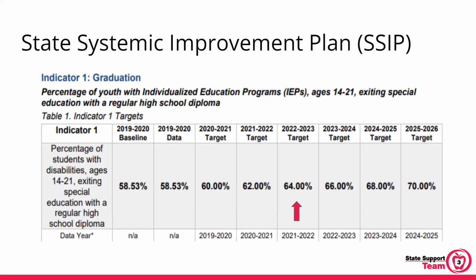So with this 5-year plan, you can see that by the 25-26 SPP release, which will be based on the 2024-2025 data, we are setting a goal for ourselves of having 70% of our students with IEPs graduate by the standard requirements.